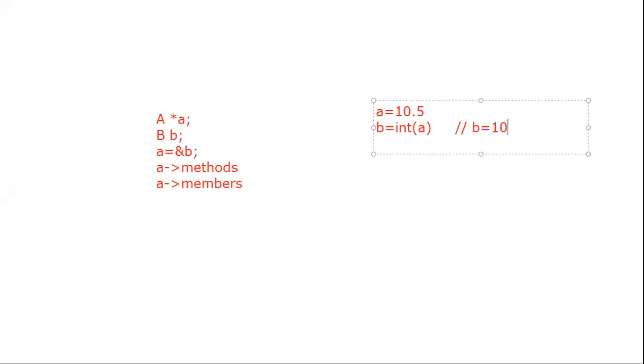Clear? Typecasting means, in simple words, we convert the variable from one type to another type, either from integer to float, float to integer, as well as integer to character.